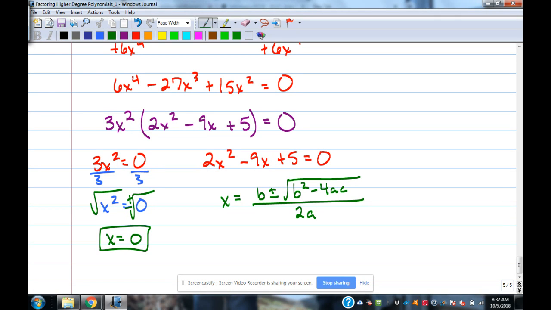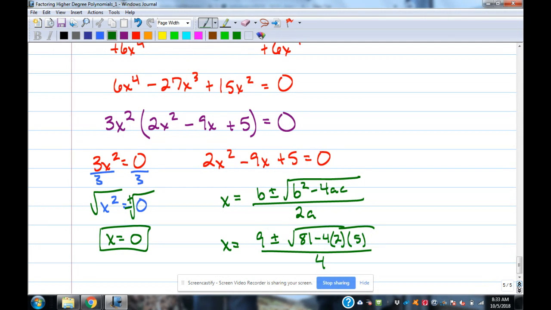Nice little thing. And plug in the stuff. 9 plus or minus the square root of 81 minus 4 times 2 times 5, over 4. What's that part under the radical or the square root called?